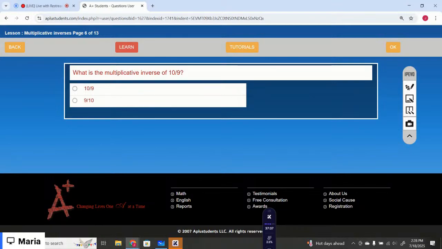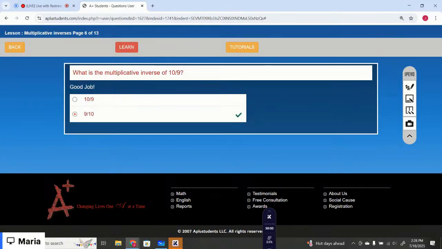What is the multiplicative inverse of 10 over 9? That would be 9 over 10. Option number 2 is the correct option.